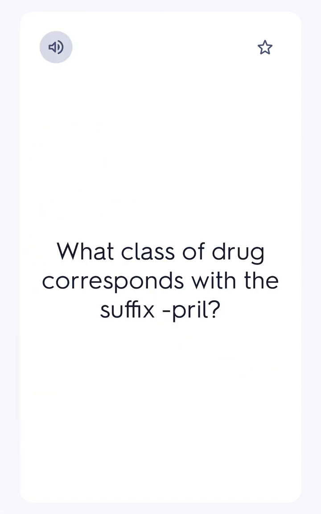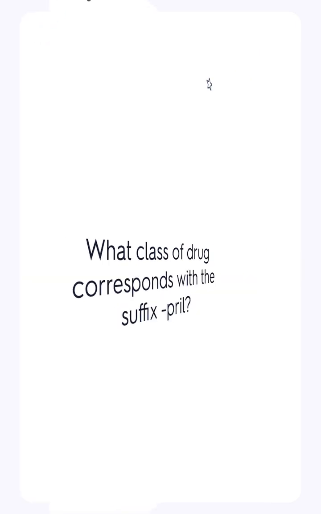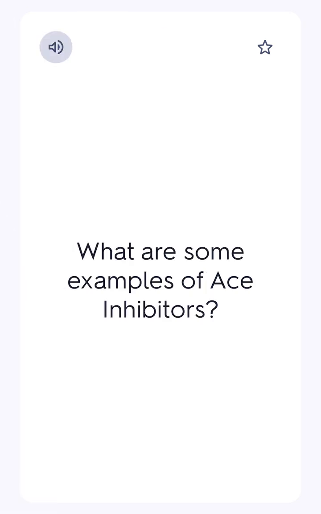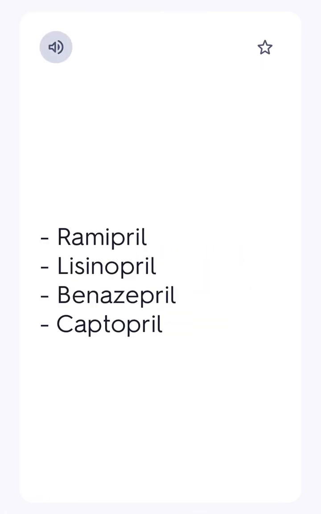What class of drug corresponds with the suffix -pril? ACE inhibitors. What are some examples of ACE inhibitors? Ramipril, lisinopril, benazepril, captopril.